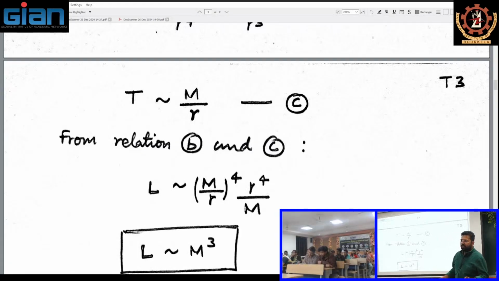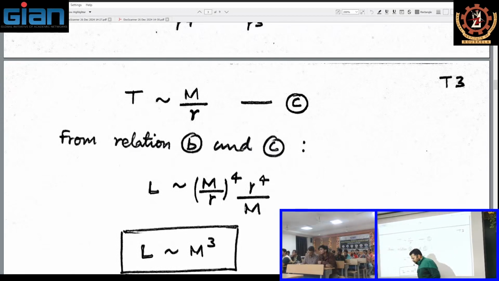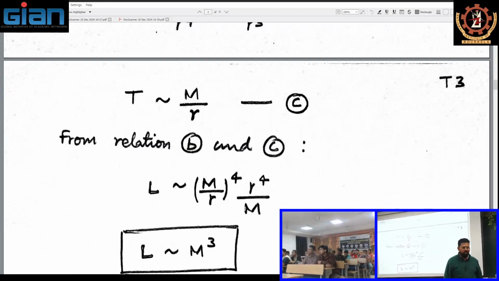Obviously, we also considered the pressure dependency on temperature and the density, but mainly considering the hydrostatic equilibrium and energy transport, you have a relation between mass and the luminosity. So what does that mean?